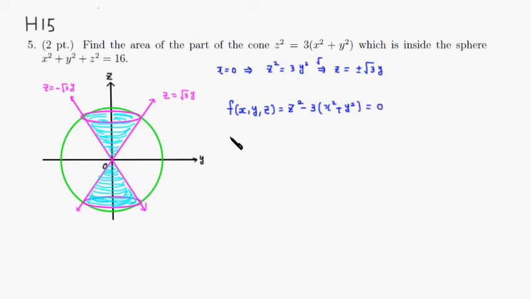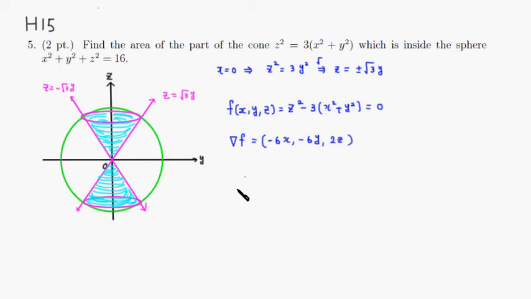Then let's find the gradient. The partial with respect to x is negative 6x, the partial with respect to y is negative 6y, and the partial with respect to z is 2z.